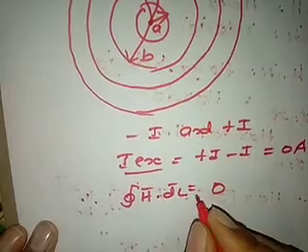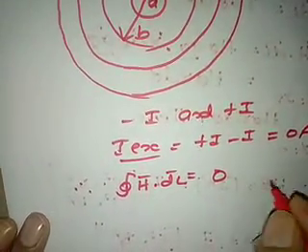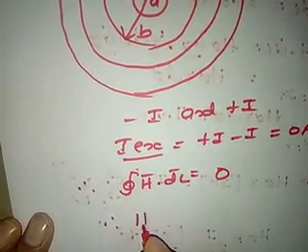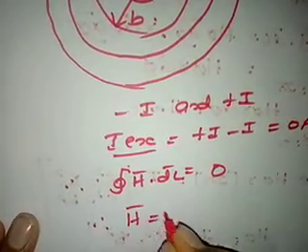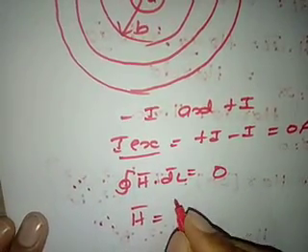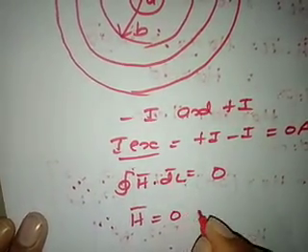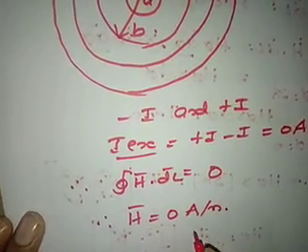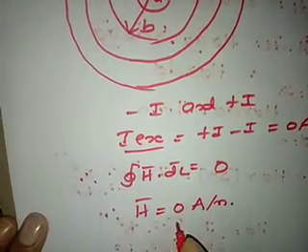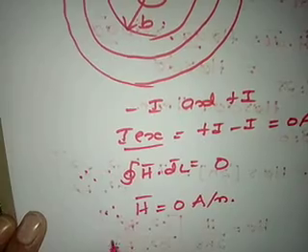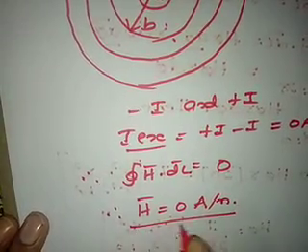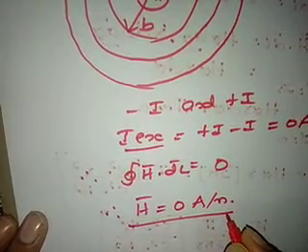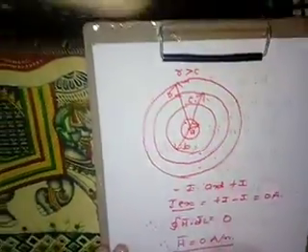Therefore, what will h bar be then? If the integral is 0, then h bar must be 0 because dl cannot be 0. So h bar is 0 ampere per meter. That means the magnetic field does not exist outside the coaxial cable. This is the inference from this.